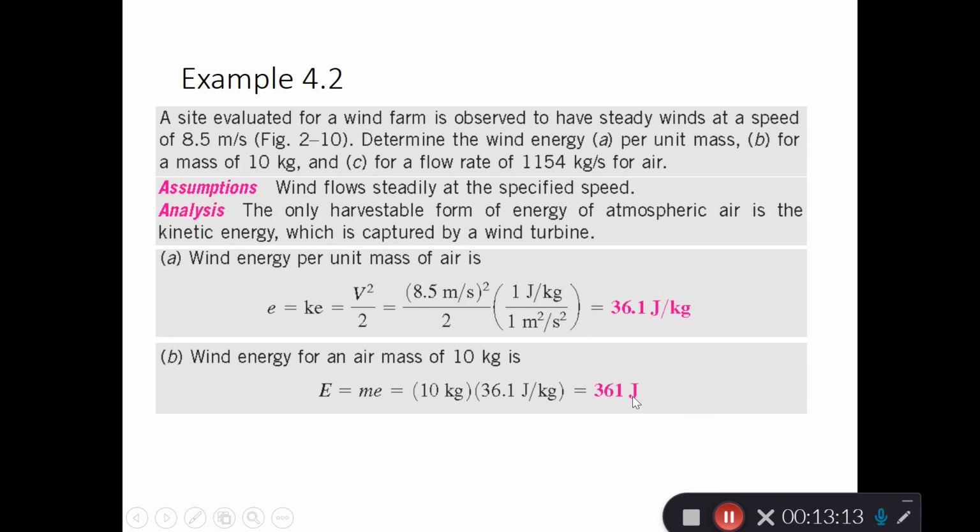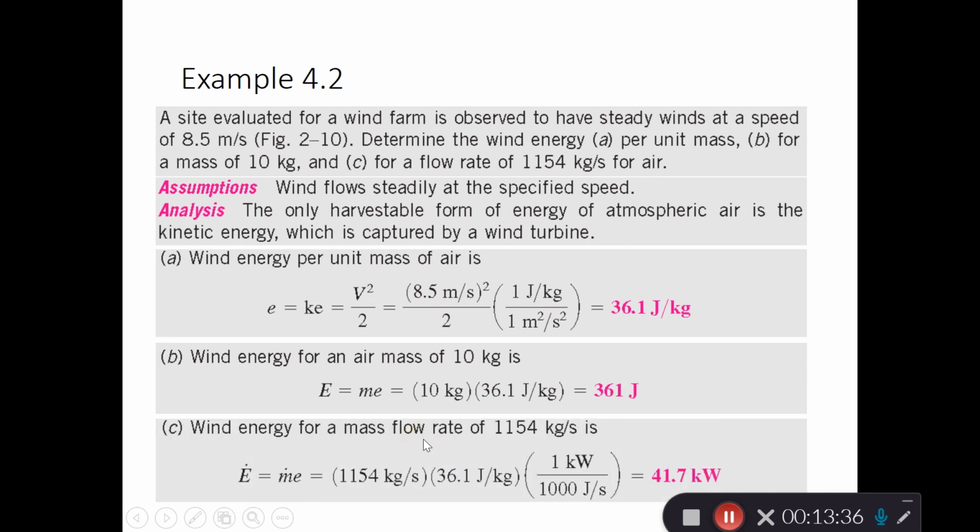The last one, you have kilograms per second. This is called mass flow rate. How much mass, how much air is flowing per second? So instead of the total amount of air, like in B, 10 kg of air, here you don't have the total, but you know how much air is moving per second. So to calculate, you will see a new symbol here. Whenever you see this dot, it means this is per second.